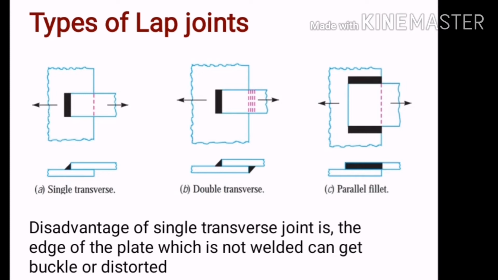It is as shown in figure A. In double transverse joint, again the load is in the direction perpendicular to the fillet, but the weld is on the two sides, one on the above side of the plate and another on the bottom side of the plate, as shown in figure B. In case of parallel fillets, the load axis is in the direction of the axis of the weld, as shown in figure C. The disadvantage of single transverse joint is that the edge of the plate which is not welded can get buckled or distorted.